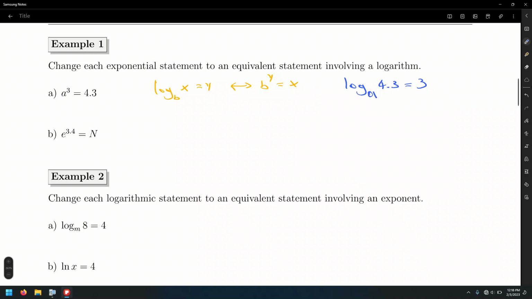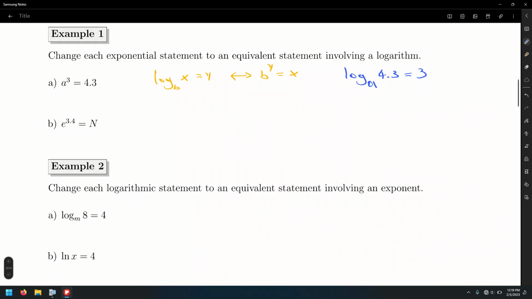And likewise, e to the 3.4 equals big N. Using the same definition, notice this is an exponential function of base e, also known as the natural exponential. And when we relate a natural exponential, we relate it with a natural logarithm. So first of all, I'm going to write this as log base e.